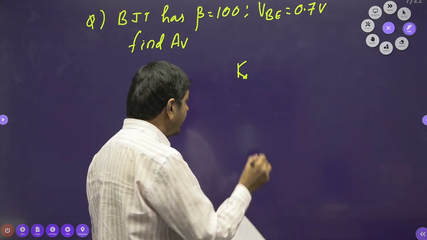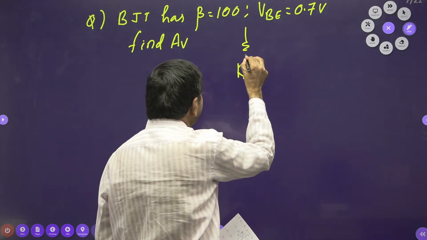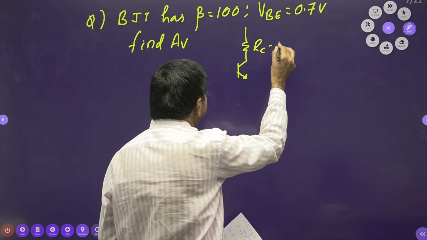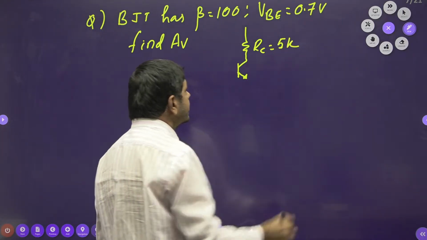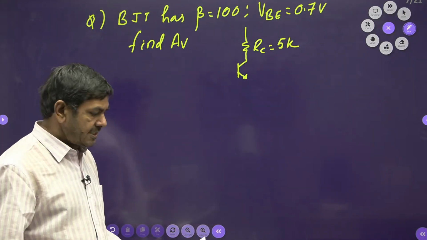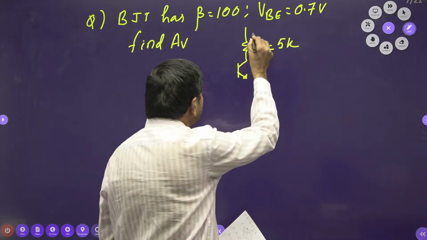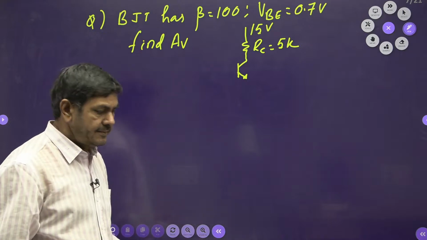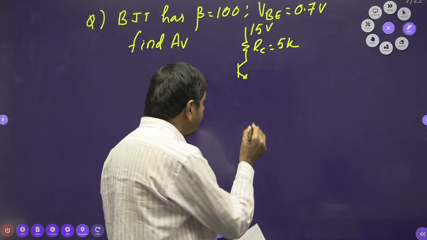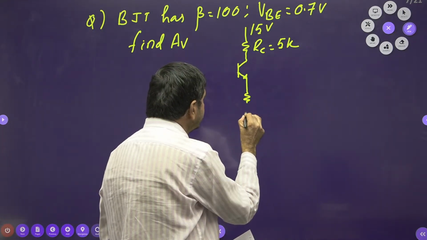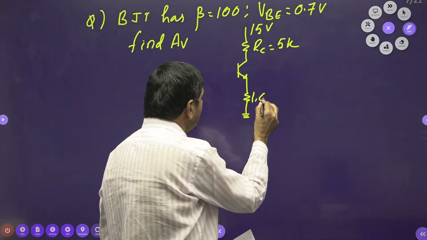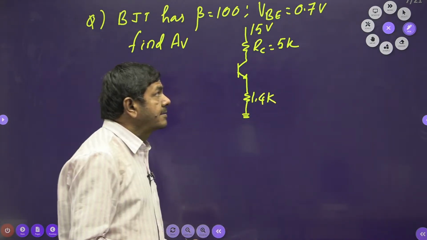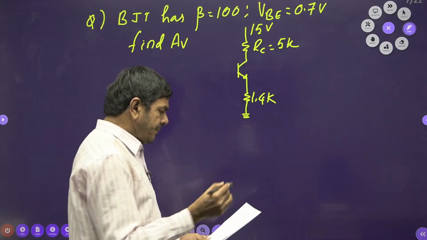Transistor with RC equal to 5K, a 5K resistance is connected here. The supply voltage is given as 15 volts. The emitter is connected to a 1.4K resistance, and there is a bypass capacitor CE.